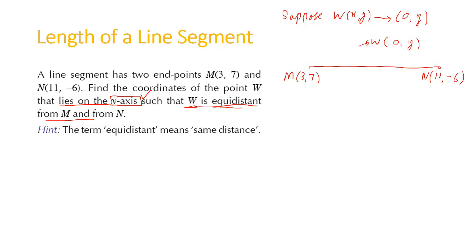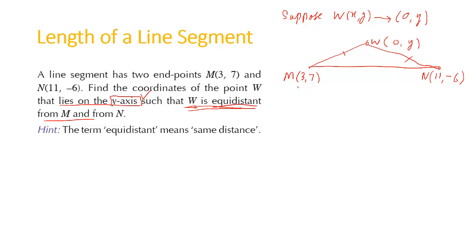The distance of W from M and the distance of W from N is equal, because it is given in the question that W is equidistant from M and from N.